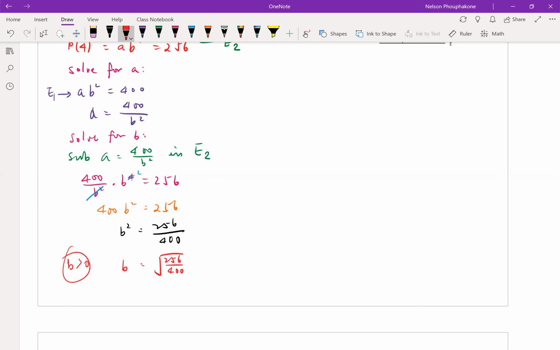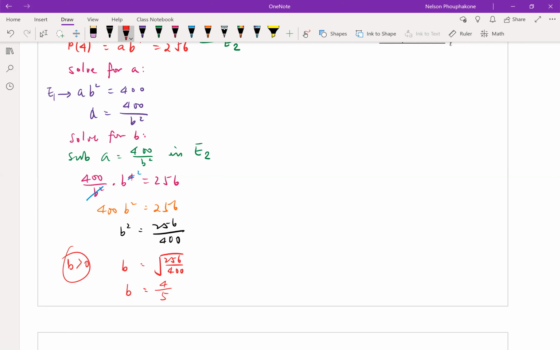Then of course, we know that the square root of 256 is 16. Oh, actually, if I use the calculator, I will find out that this is 4 over 5. Okay.